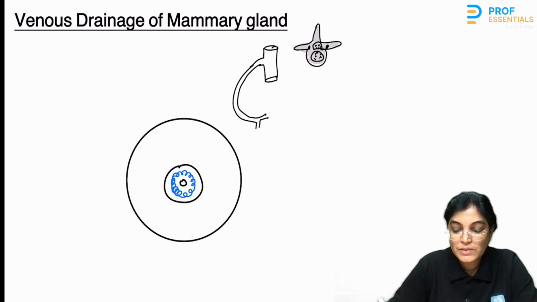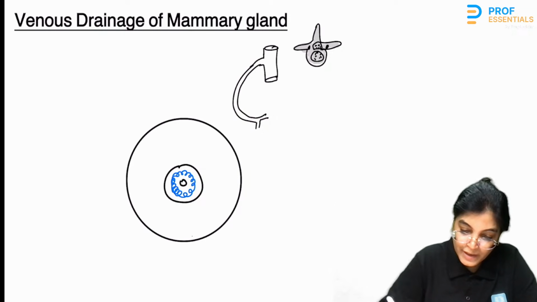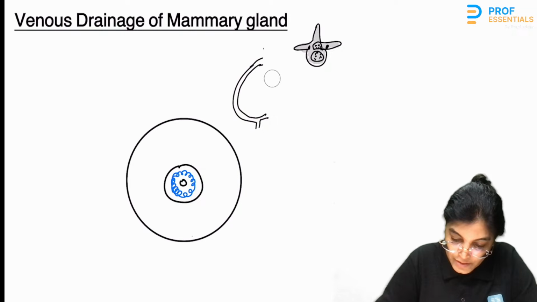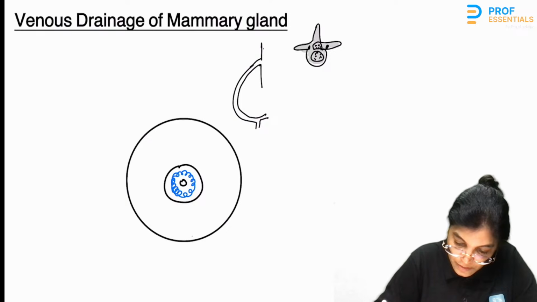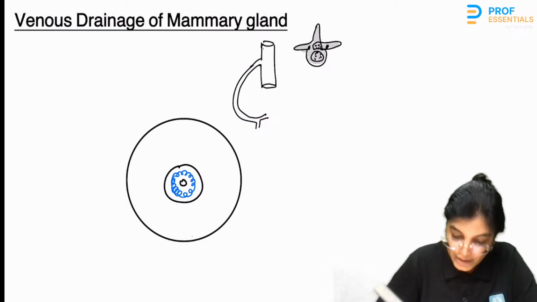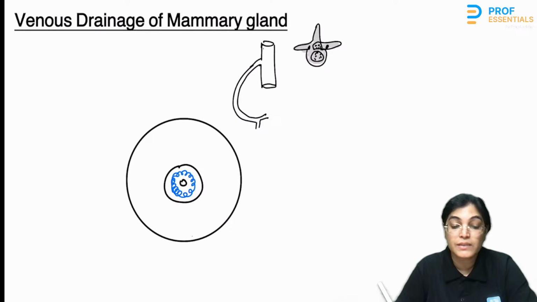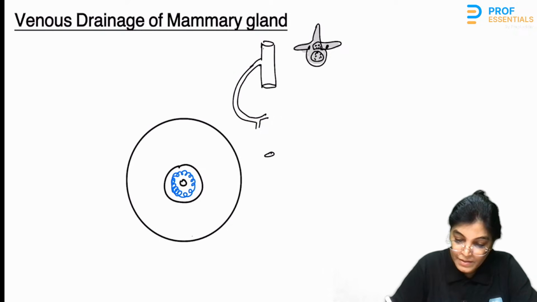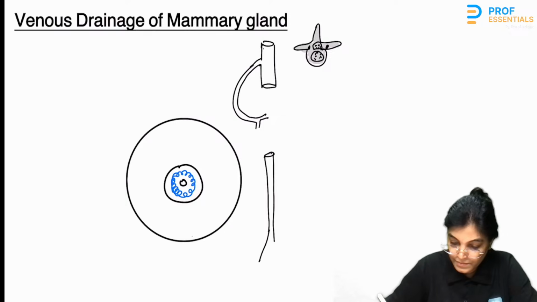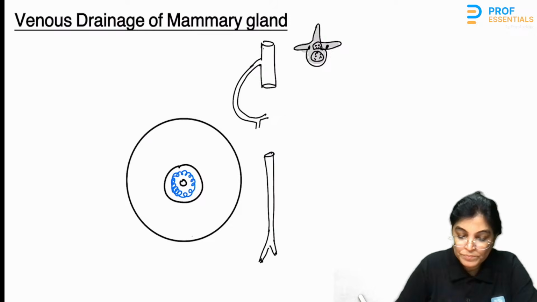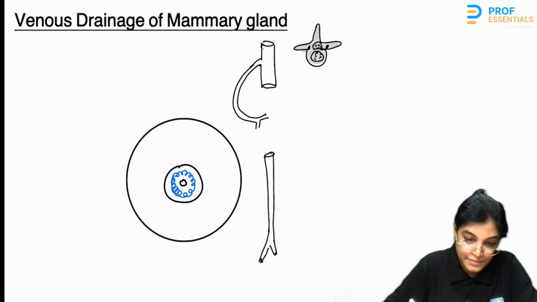Okay, so this vein which I have made is the azygous vein, and this is the posterior intercostal vein which I have made. If you want, you can make the azygous vein slightly bigger also. So I will interconnect, don't worry. And here one important vein, that is the internal thoracic vein, which I have made. And here the axillary vein.